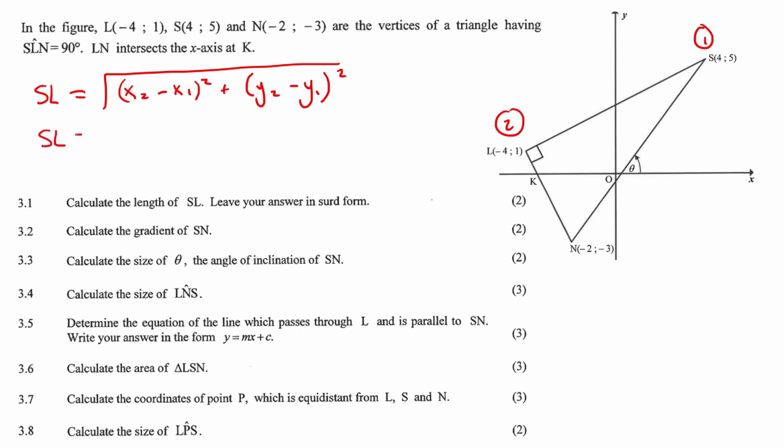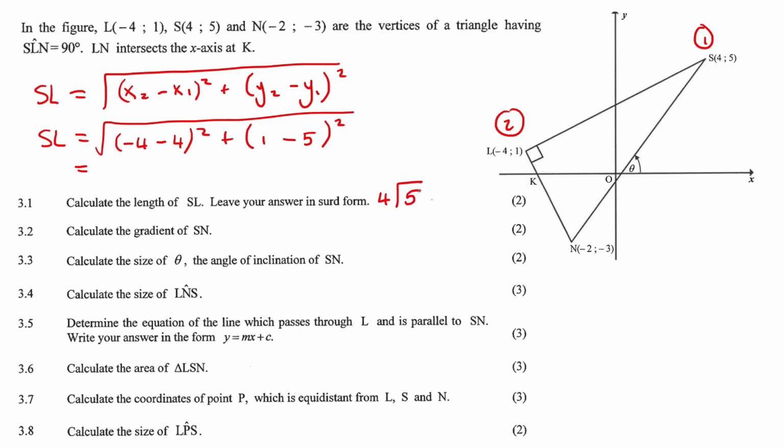Now you just fill in the formula, which is x value of point number 2, which is minus 4, x value of point number 1 is 4, y value of point number 2 is 1, y value of point number 1 is 5. Go ahead and type that all in on the calculator, and you should get 4 square root 5. Leave your answer in a square root because they said leave your answer in surd form.